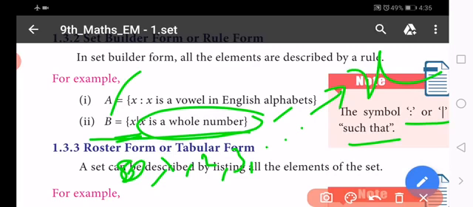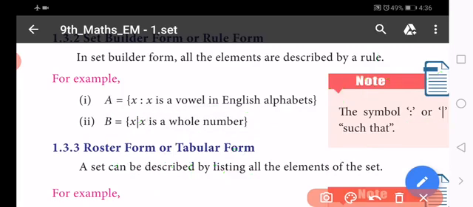So how do we read it? This is the very important one. This symbol is read as "the set of all".